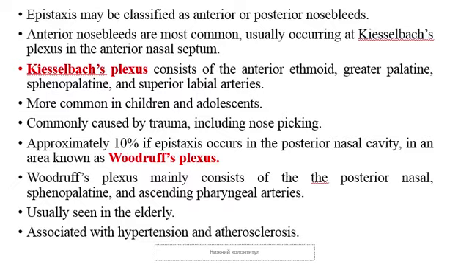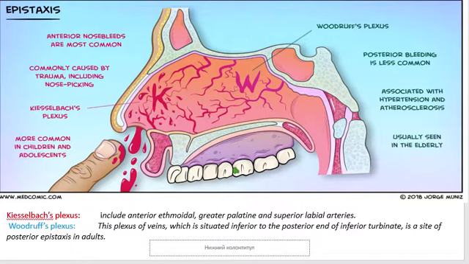usually seen in the elderly, associated with hypertension and atherosclerosis. In that slide, we can see the epistaxis view. It means that anteriorly, just remember, it's Kiesselbach's plexus, and posterior bleeding originates from Woodruff's plexus. Kiesselbach's plexus includes the anterior ethmoidal, greater palatine, and superior labial arteries.